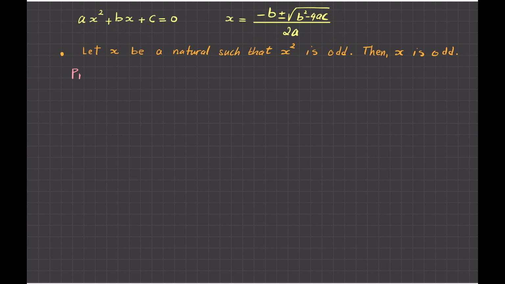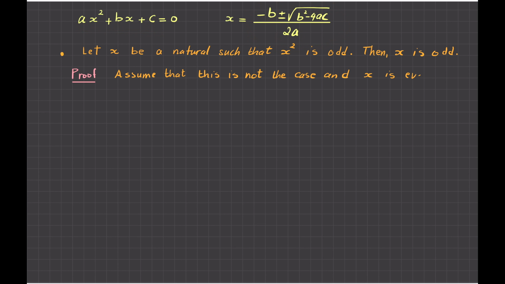So, proof. What do we say? We say that let us assume that this is not the case. Assume that x is even.